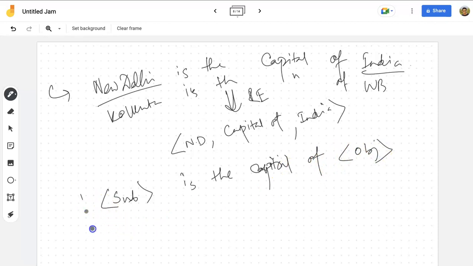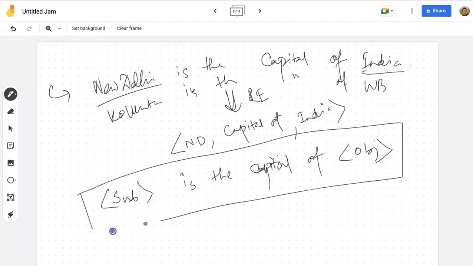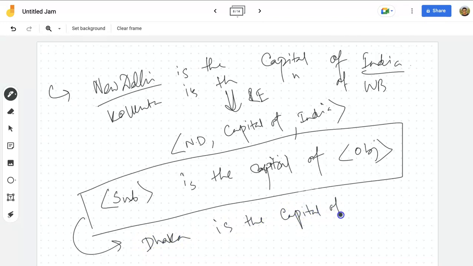So if you want to extract the relation, you just see the pattern. If in a sentence the format is kind of the same, suppose you want to match this pattern with some sentence. Suppose you find another sentence, maybe Dhaka is the capital of Bangladesh.